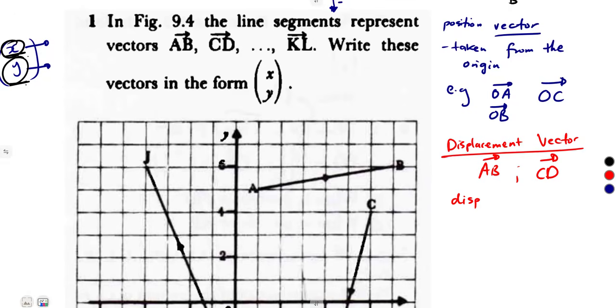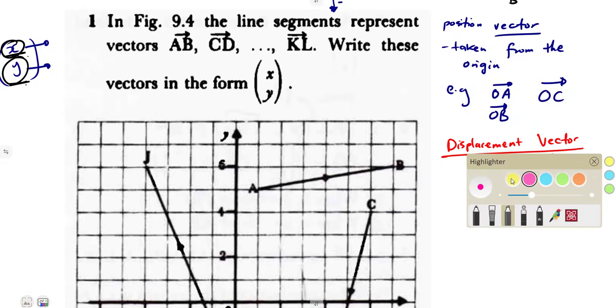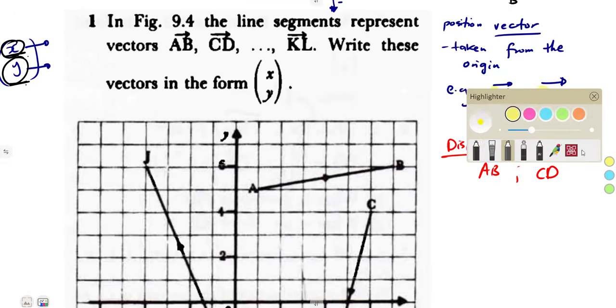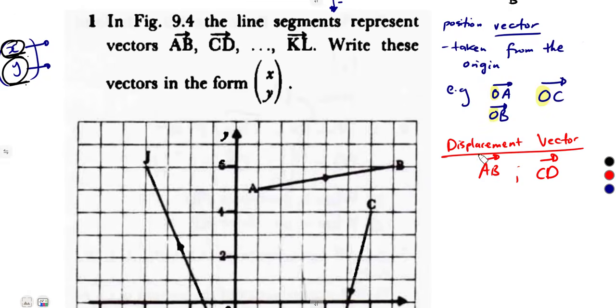So that's a displacement vector that you are now indicating. It's no longer taken from the origin. The first part that we had here was the position vector, from the origin. Here, AB, we do not have O as the origin. So this is simply a displacement vector. Any other vector, as long as it is not taken from the origin, is a displacement vector.